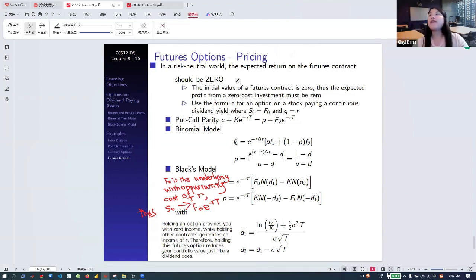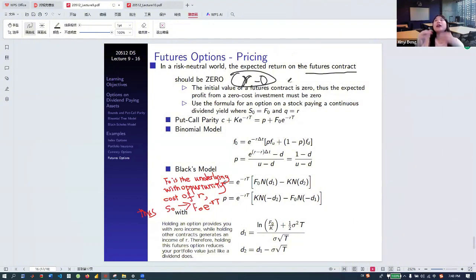On the other hand, if you invest in other assets, you are going to receive R as a return. Therefore, by investing in the futures contract, you're having an opportunity cost of R, right? If you go with another asset, you get R as return, but for the futures contract in the risk neutral world, you'll get 0. So R minus 0 is your opportunity cost, which is R.